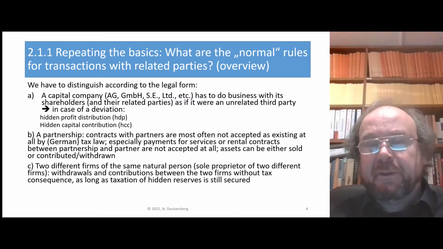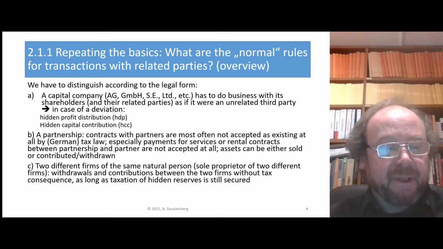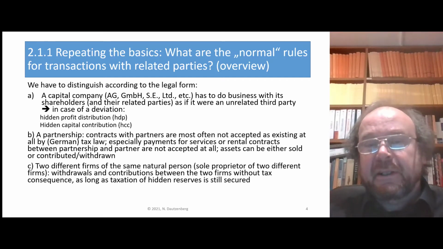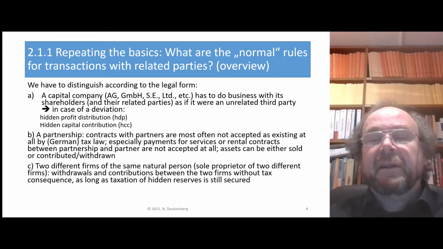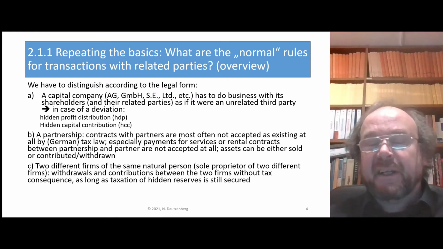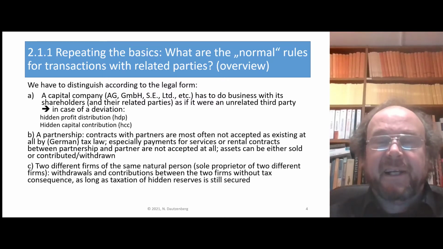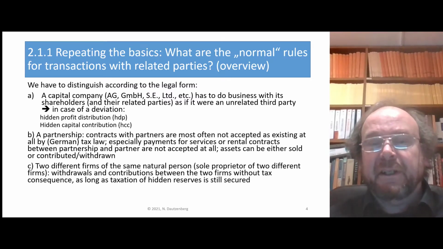You remember that was probably something which was called income from the Sonderbilanz, or Sonderbilanz profit and loss statements. So, ladies and gentlemen, that is a completely different movie. Sometimes it happens for, let's say, sales of assets between a partnership and a partner, that can be accepted, but very often contracts are completely ignored.